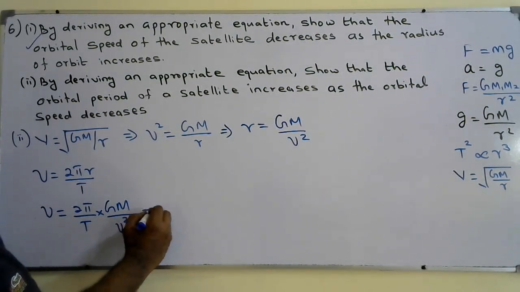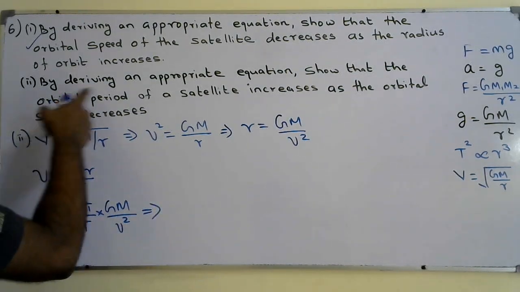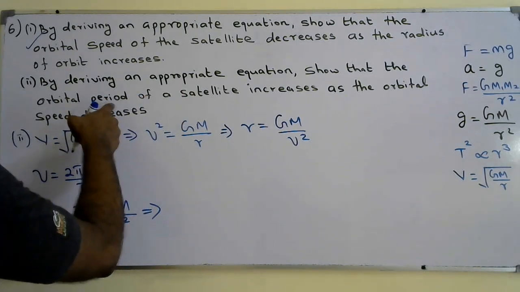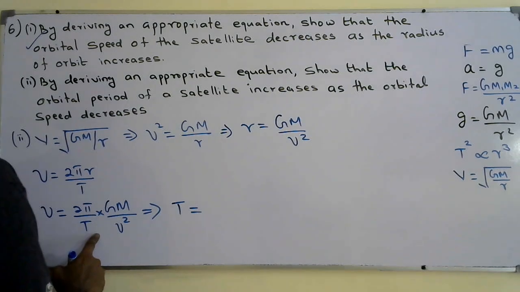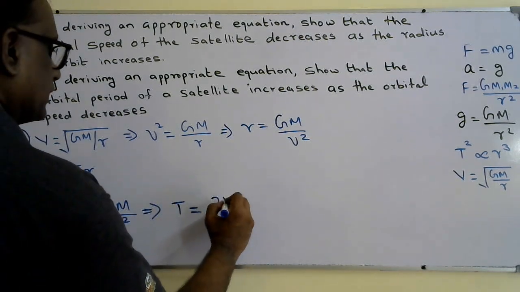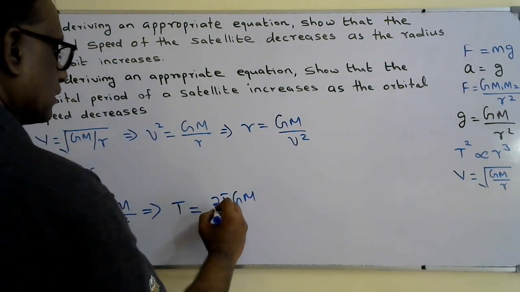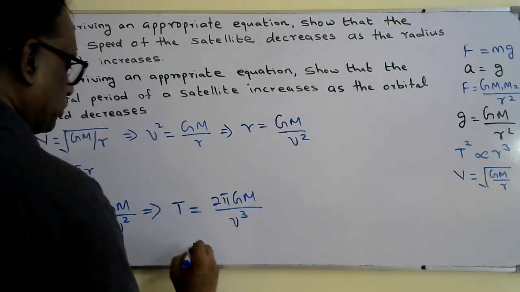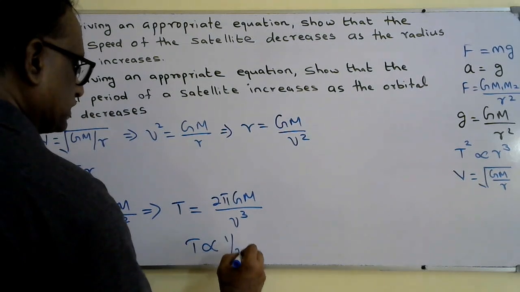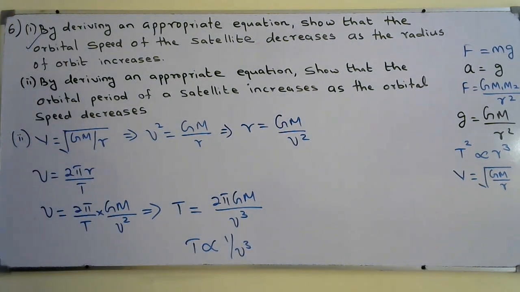They are asking for the period, so make t the subject. So t is going to be 2 pi GM over v cubed. So t is inversely proportional to v cubed. So when the speed increases, the orbital time period will decrease.